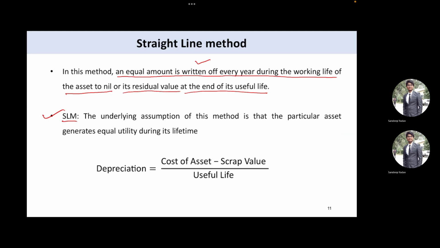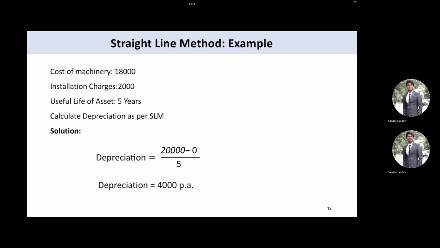So we are deducting, or writing off, the depreciation in an equal manner. So from this method, depreciation will be cost of an asset minus scrap value upon useful life. That formula we need to remember.